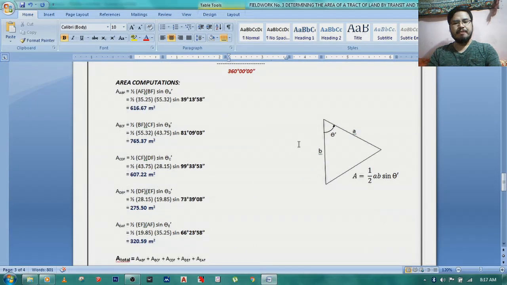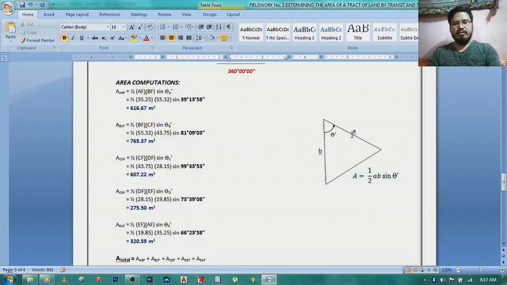We have a triangle with two adjacent sides, A and B, and an included angle. If you can still remember your trigonometry or geometry, the formula for that triangle is 1/2 AB sine of theta. Our theta there should be the adjusted included angle.